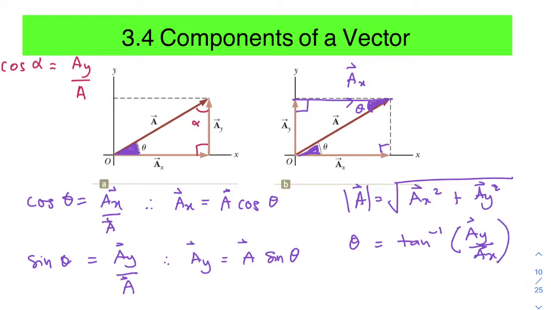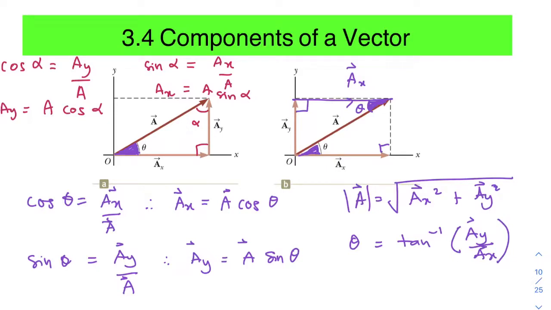Okay, for this case, you are going to have AY equivalent to A cos alpha. Okay, how about sin alpha? Sin alpha is AX over A. So from here, you will get your x component equivalent to A sin alpha. So do not memorize that to get information of x component, you are going to use cos all the time. It's wrong.